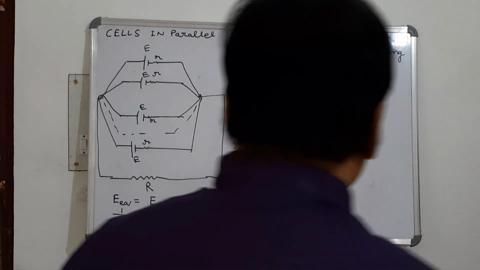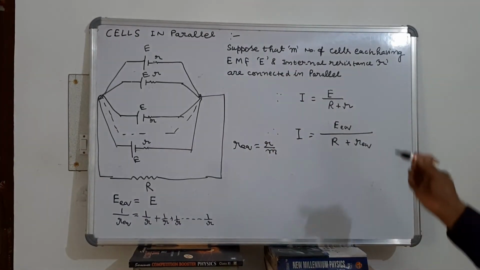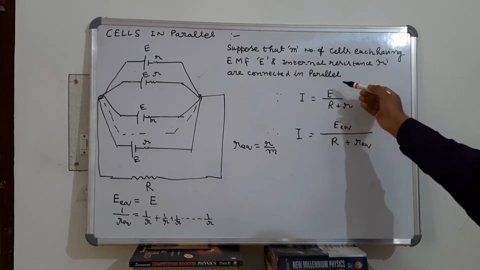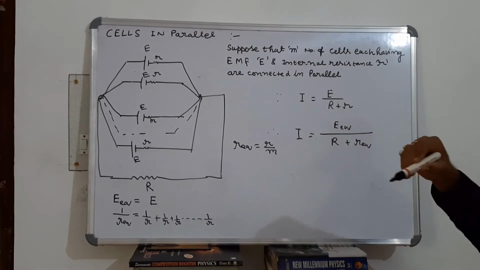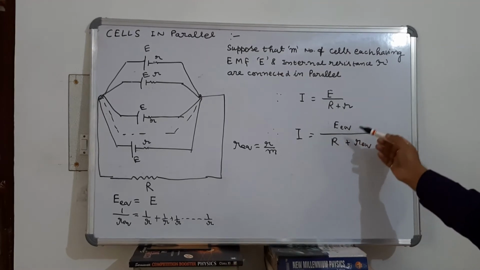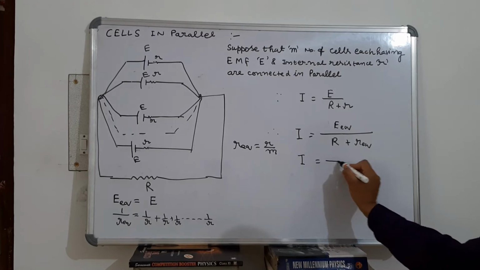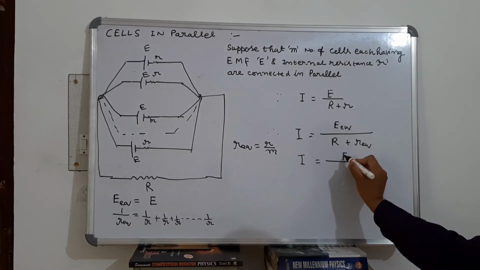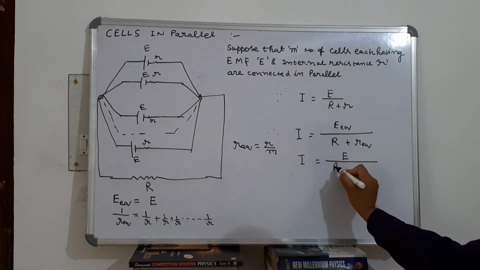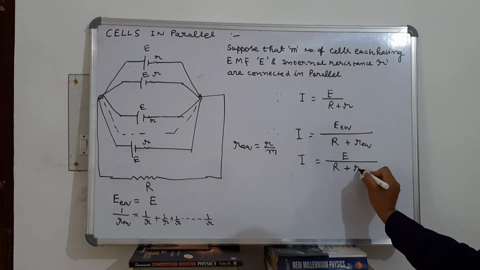Now since current from the cell I is equal to E upon R plus r, therefore here I will be E equivalent upon R plus r equivalent. Therefore I will be equal to E equivalent is E and r equivalent is r upon n.